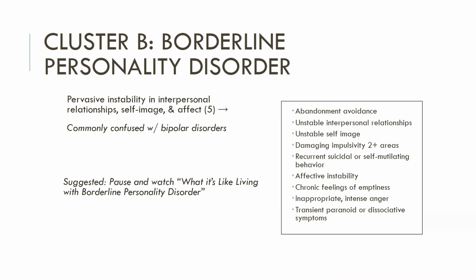The unstable interpersonal relationships mean that a person may be very hot and cold with others. Same thing with self-image. So this person may be feeling very good about themselves and then shortly after feeling really poorly about themselves. We may see damaging impulsivity in 2 or more areas.